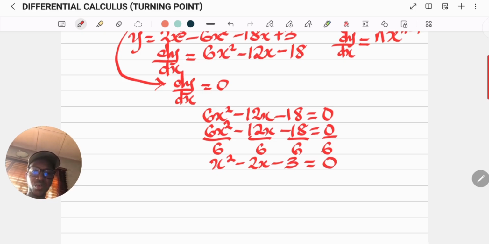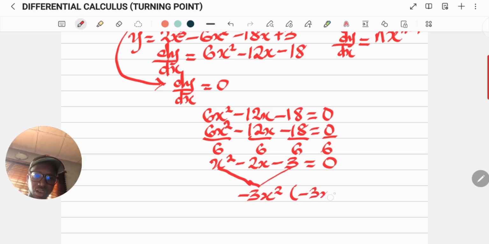All right, so from here, we can factorize this. Now, the factors we are going to be using, because we multiply these two together, we are going to get minus 3x squared. And the factors that will give us minus 3x squared are minus 3x and positive x.